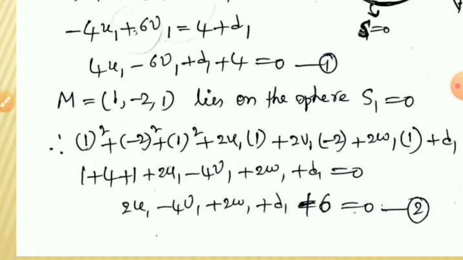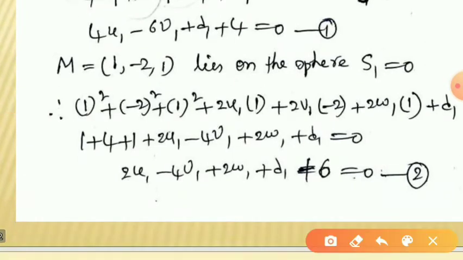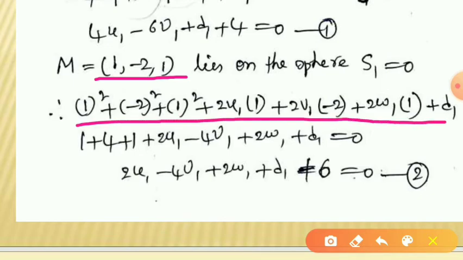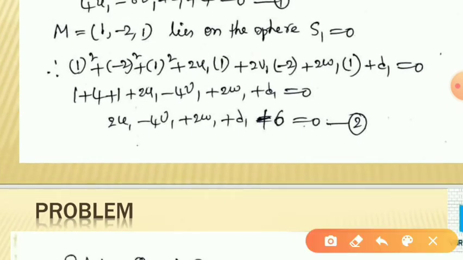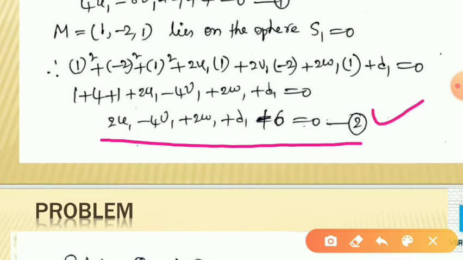Taking x = 1, y = -2 and z = 1 in the sphere equation S1 = 0, on simplification you will get 2u1 - 4v1 + 2w1 + d1 + 6 = 0. This is equation number 2.